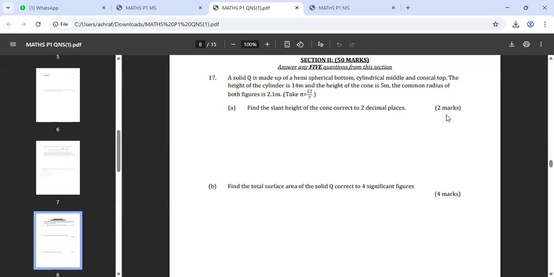How do you find the surface area of the solid? The solid is in the shape of a pencil. So we have a hemispherical bottom, a cylindrical height, and then the top is conical. So how do you find the surface area of the solid?